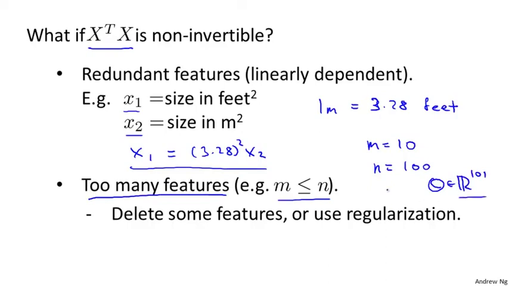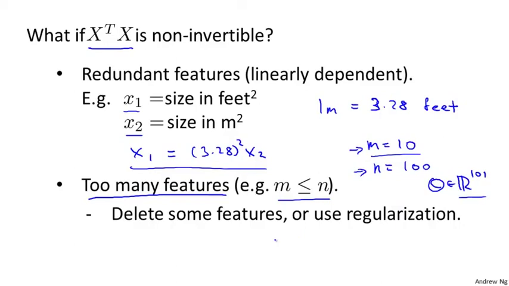You're trying to fit 101 parameters from just 10 training examples. And this turns out to sometimes work, but to not always be a good idea, because as we'll see later, you might not have enough data if you have only 10 examples to fit 100 or 101 parameters. We'll see later in this course why this might be too little data to fit this many parameters.